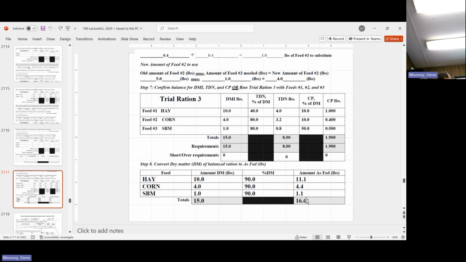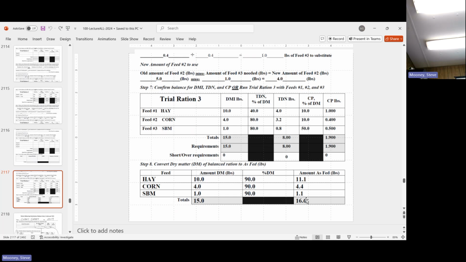That means hay is contributing 4 pounds of TDN. Corn is contributing 3.2, and then 0.8 pounds from the soybean meal. Add those up. I got a total of 8 against my requirements.